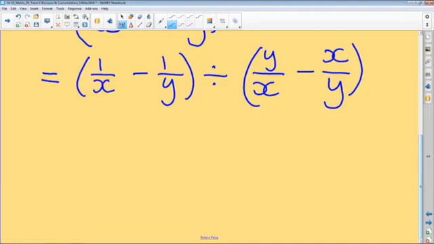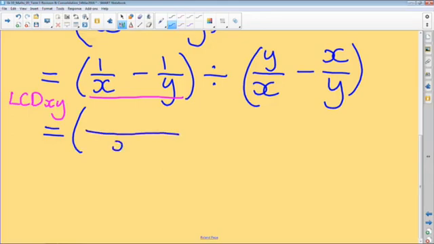Now I'm going to work with the individual brackets, starting with this first one. If I am subtracting fractions, I need to have a lowest common denominator. And my lowest common denominator in this case, let's write it to the side, is xy. And this will just make my life a lot easier. So I'm going to put it all over xy immediately. And then at the top, this becomes y, and this becomes x.